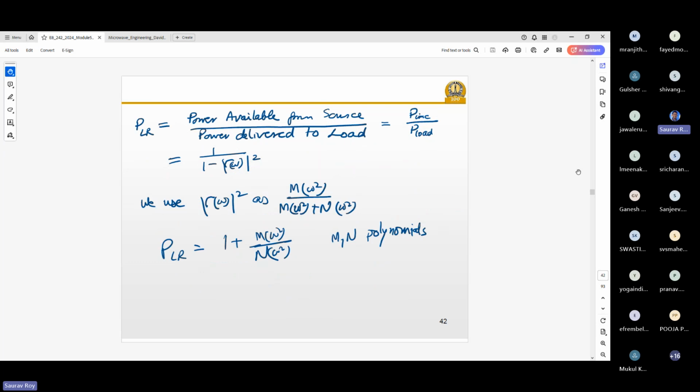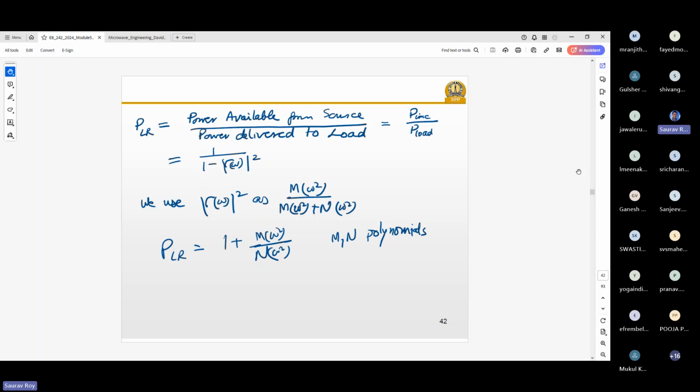Because we can just do analysis, but how to select the lumped components or later the microwave components for a particular type of design. So generally what will be specifically mentioned in a design problem?